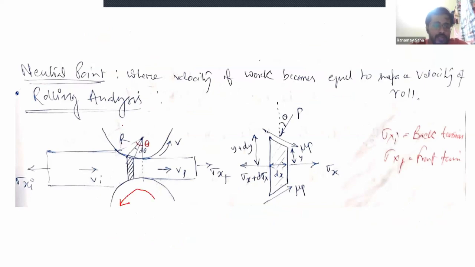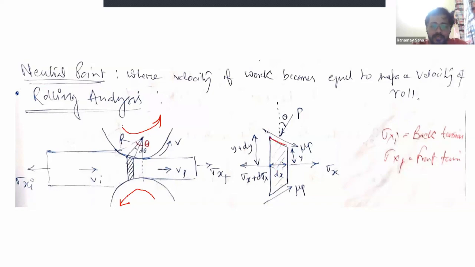Both rolls should rotate in opposite directions to take the strip forward through them. Just in that case, theta is the same as alpha, which we used in the last slide, and d theta is your differential angle. We take the strip at that particular angle of thickness dx.